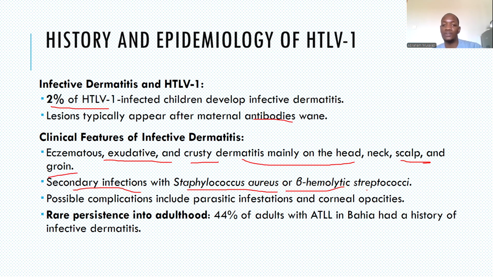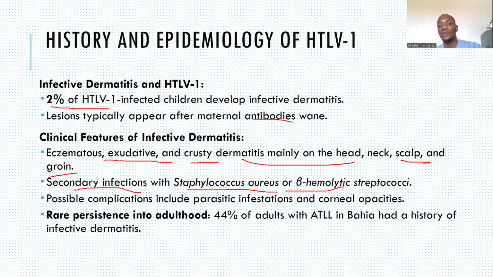So in parasitic infestations, you can have things like scabies or even dermatophytosis. Then persistence into adulthood is rare but has been reported, and 40% of the adults with adult T-cell leukemia and lymphoma have had a history of infective dermatitis.